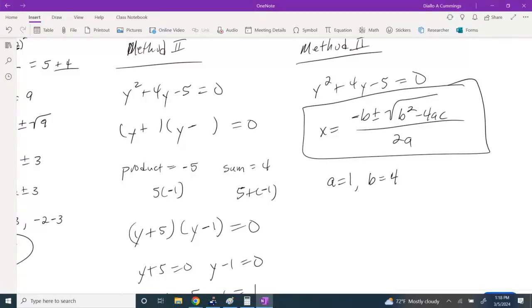B is going to equal the coefficient of your first degree term, which is 4. C is going to equal the constant, which is -5. So when you're using the quadratic formula, make sure you use the coefficient as well as the sign.